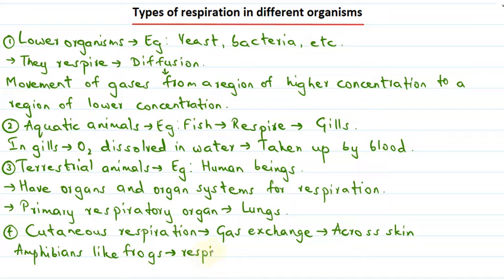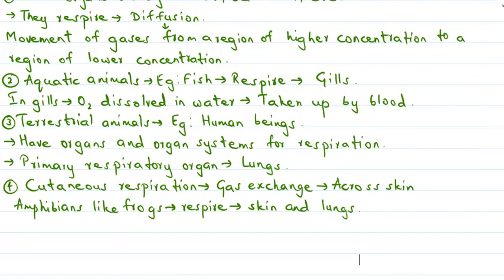They respire both with the help of their skin, that is by cutaneous respiration, and also with the help of the lungs. So here cutaneous respiration is not the sole method of respiration, but it is one of the methods of respiration.